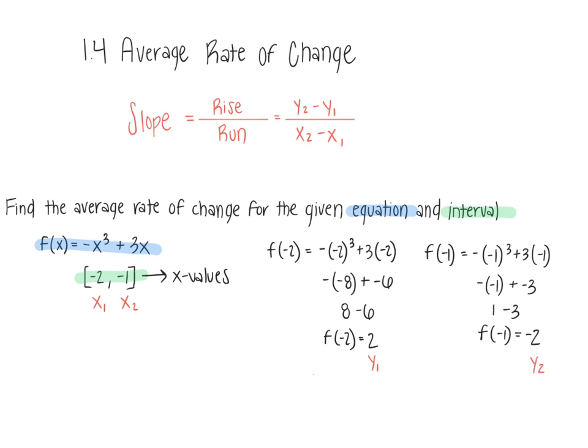All I did was label my x values as 1 and 2, and then match up my corresponding y values. Now I'm going to plug that into the formula, which is up here. Let me just copy that and bring it down here so that we have a reference.